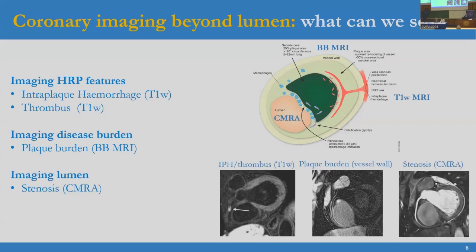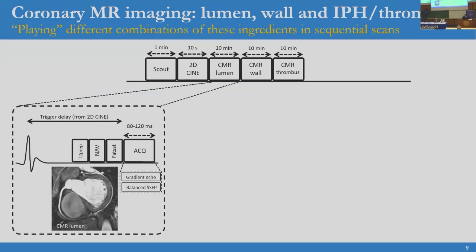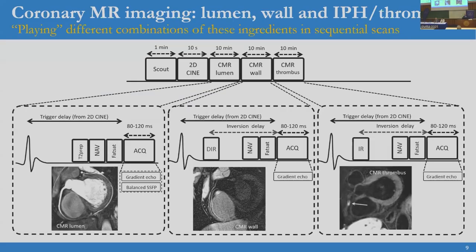And as I said before, we can image the coronary lumen. Now, there is a problem: if we want to do this conventionally, we have to run 3 sequences, one for the lumen, one for the wall, one for the thrombus. This means we have to play out these 3 different sequences, and each of them takes at least 10 minutes to perform. So that's not very time efficient, obviously.